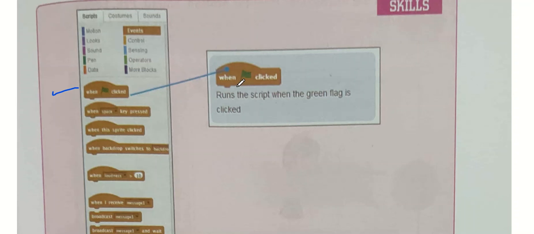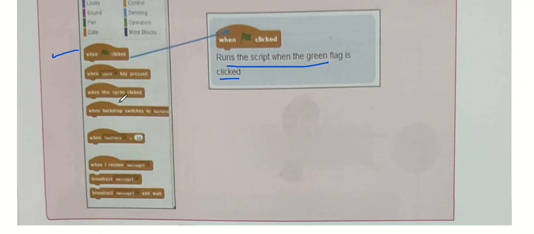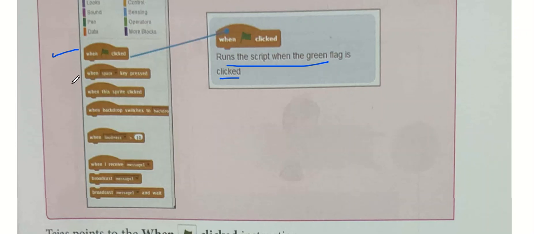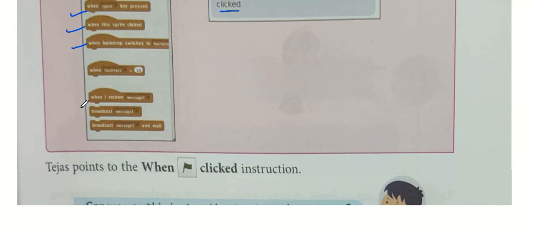Whenever we click the flag, the program starts execution. So to run the script, we need to click on the green flag. Not only this way, we have multiple ways to start the execution of the program. We can use any key, we can click on the sprite, or we can use the backdrop also to trigger the execution of the program.